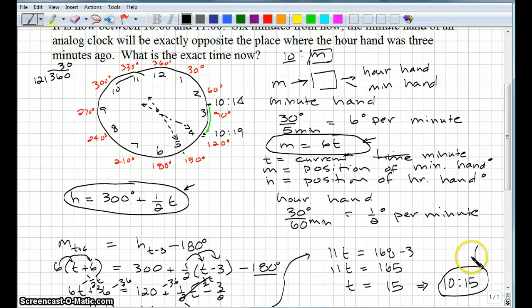And that's exactly in the range that we had figured out before. So that's a good indication that that's the correct answer, right? So it's always good to give your answer a sanity check and make sure that it really makes sense. So that's the answer, 10:15.